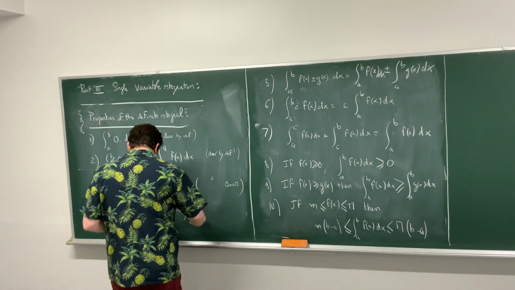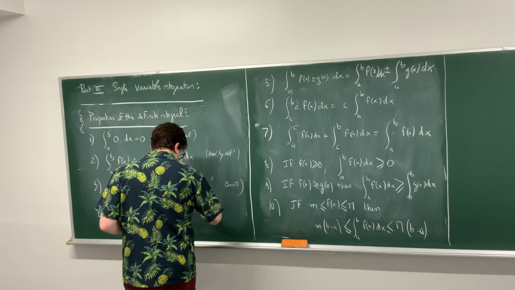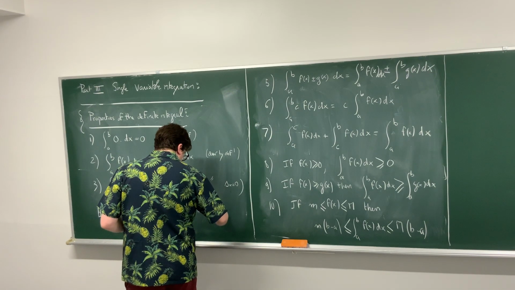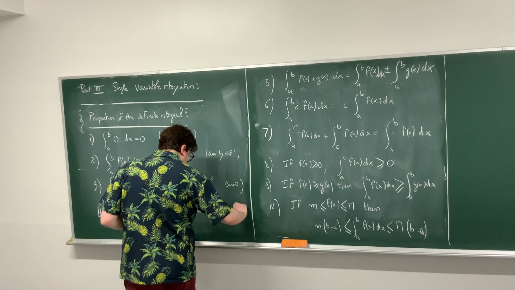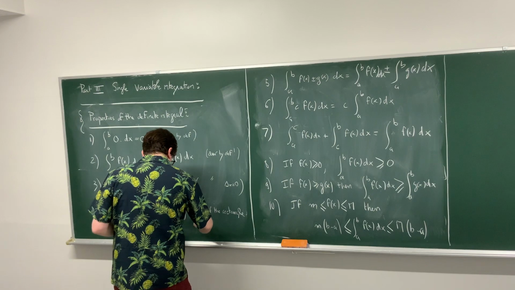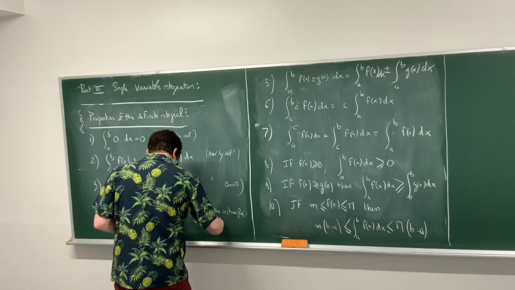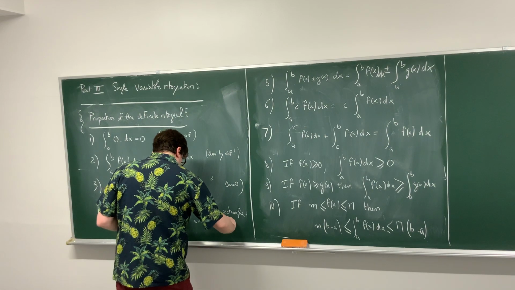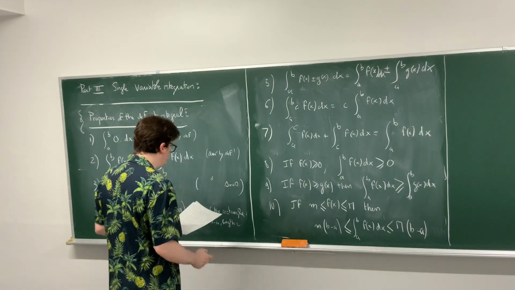And here, this is just the area of the rectangle with width b minus a and length c. So this is all clear.